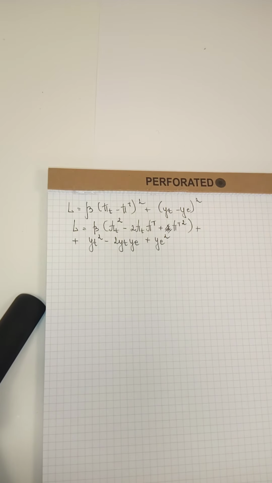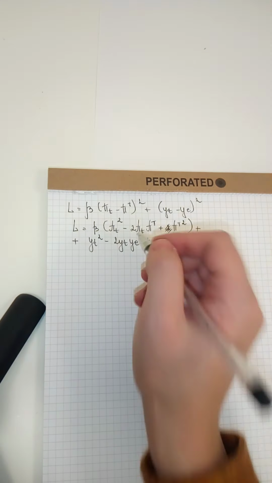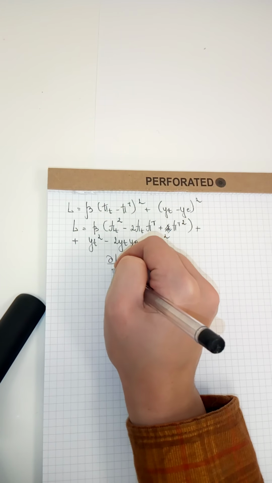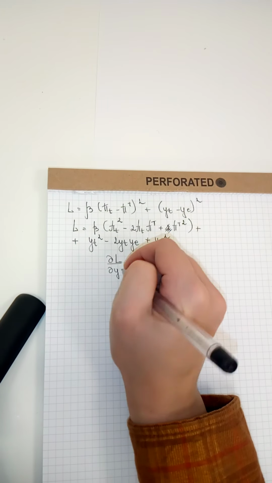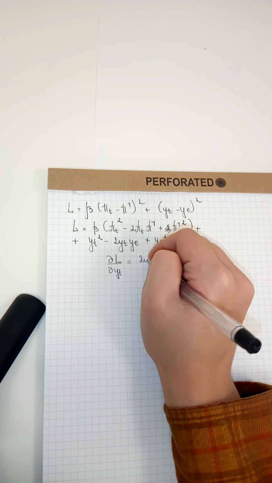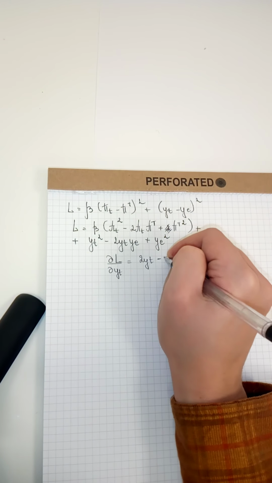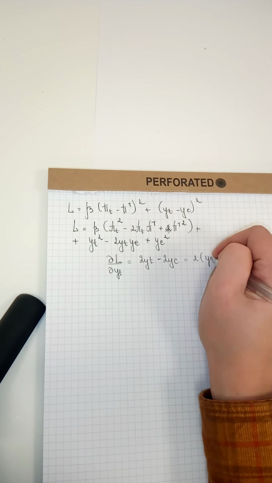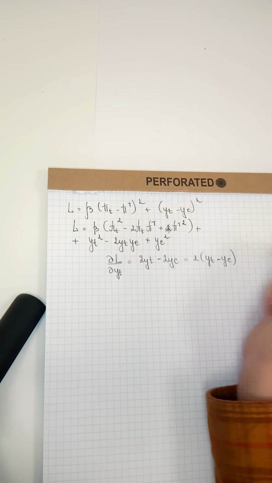Fine. In order to calculate the partial derivative of L with respect to yt, you get 2yt minus 2ye, which is equal to 2 times yt minus ye.